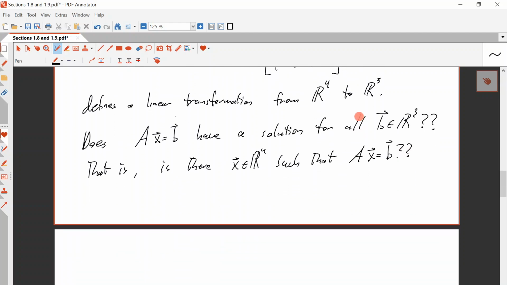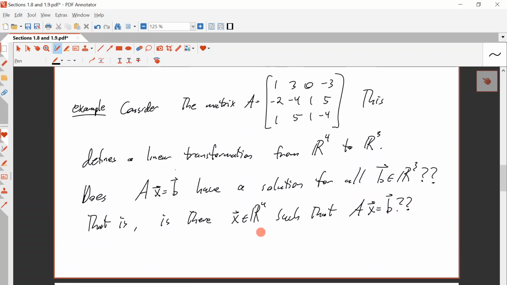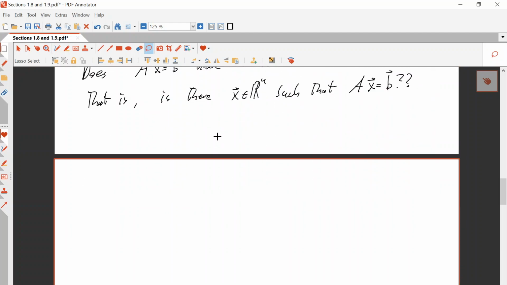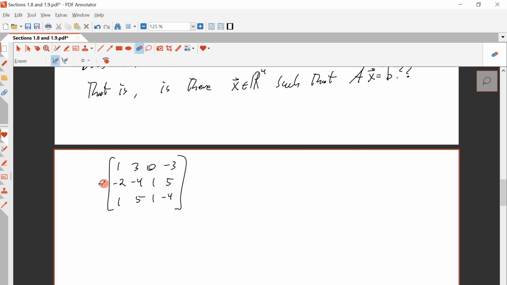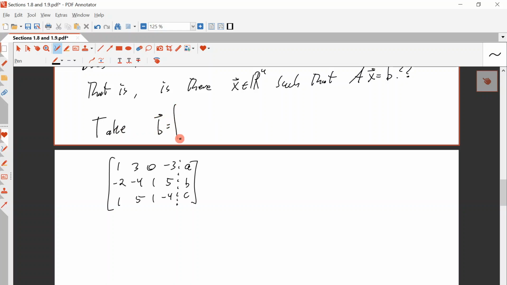Well, let's check it out. I mean, we've just solved this kind of thing before. You take this matrix, and if you want, you can put the unknown elements here, a, b, c, like that.